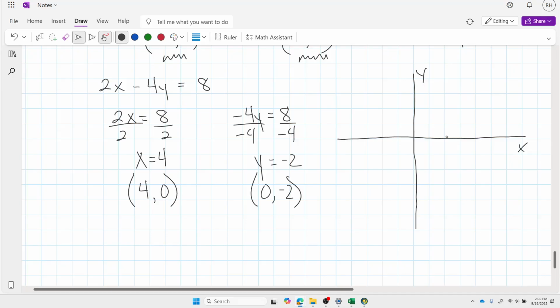So we got 4, 0. And 0, negative 2. And then just put a line through them. Any questions on that technique?